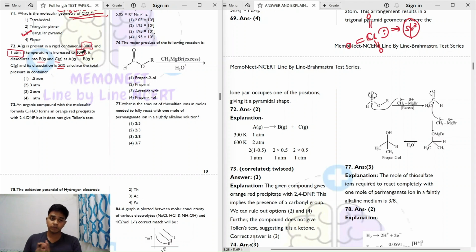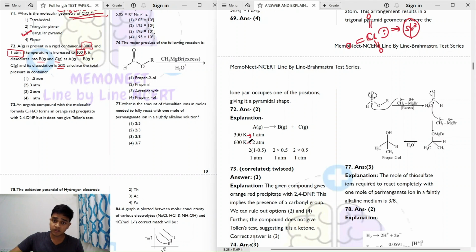So when we increase the temperature, the volume is constant and the number of moles is constant. When the temperature is doubled, the pressure will also double. So at 300 Kelvin we had 1 atm pressure, so at 600 Kelvin the pressure will be equal to 2 atm. At equilibrium, when 50% dissociation has occurred, the pressure due to A will be 2 multiplied by 1 minus 0.5, since 0.5 moles has been consumed.